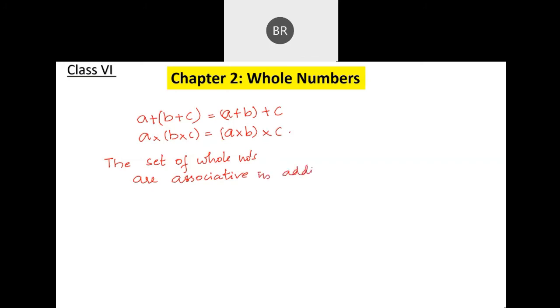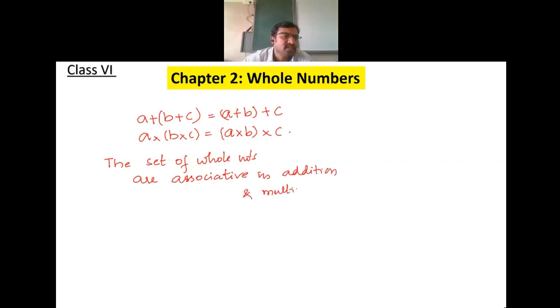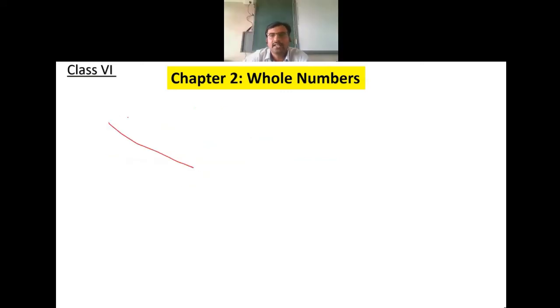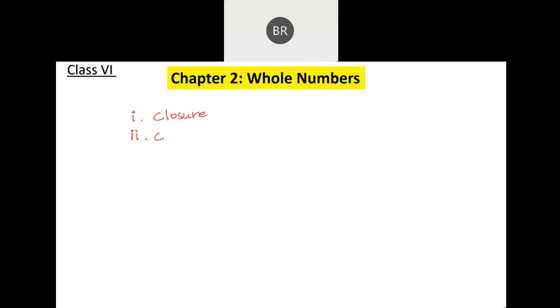If you do division and subtraction, you will not get the same result. This is the third property, which is called associative property. I have totally discussed 3 properties. The first one is closure property. The second one is commutative.